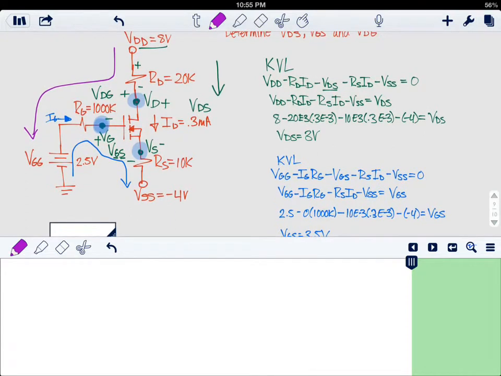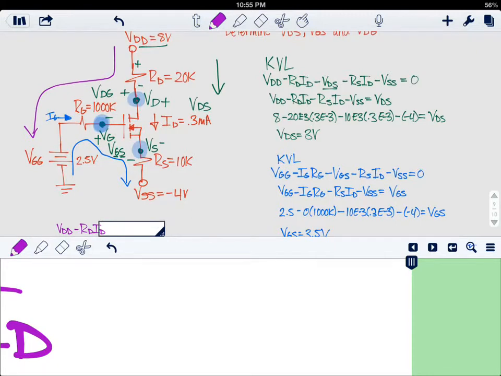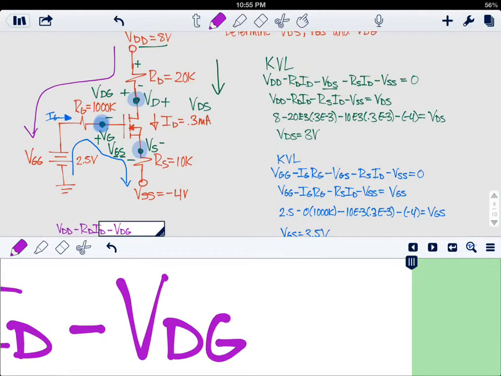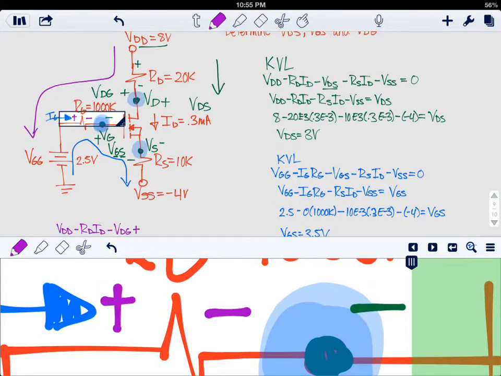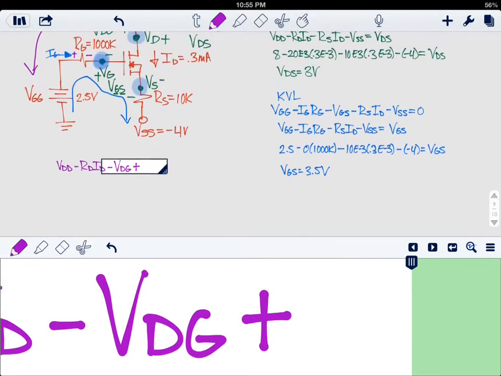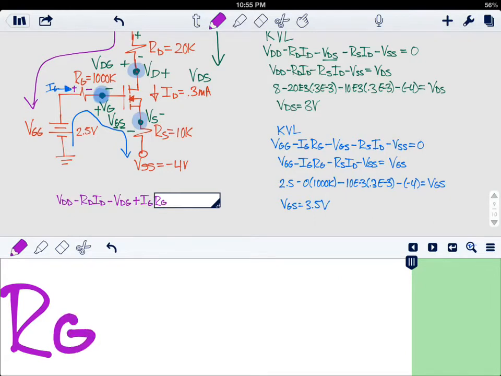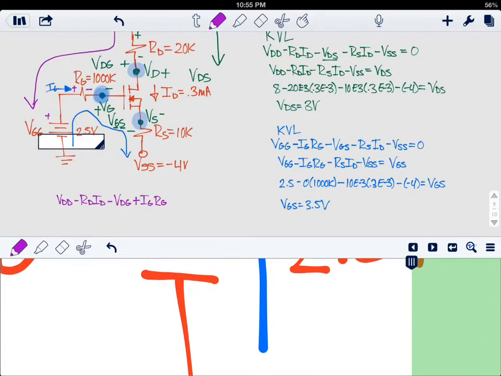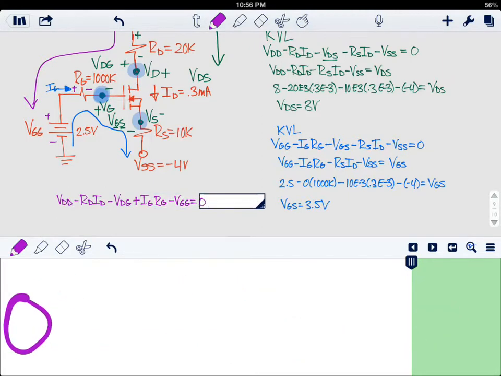And we start saying that VDD minus the voltage drop in RD times the current that's flowing through there, minus VDG, plus, because we know this current, even though it's 0, is flowing in this direction, IG times RG, and here we have a plus minus, so it's a voltage drop, minus VGG, that equals 0.